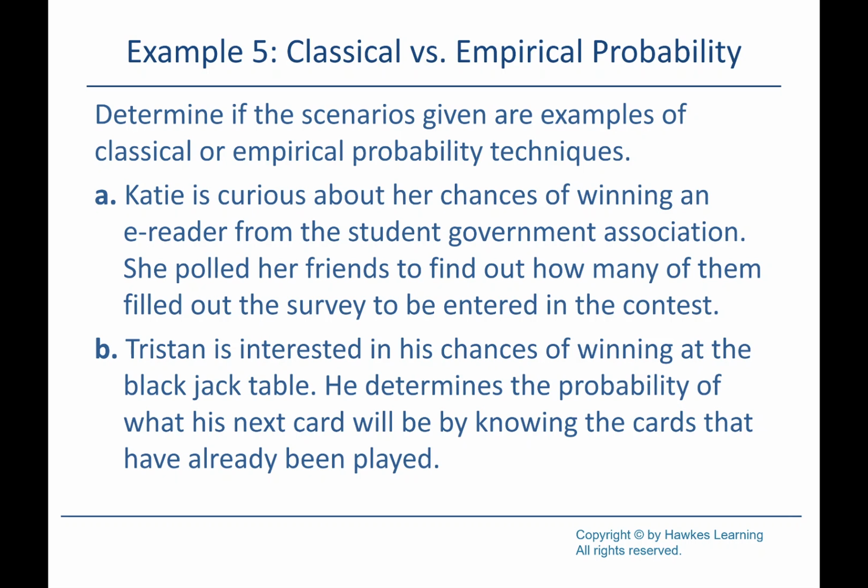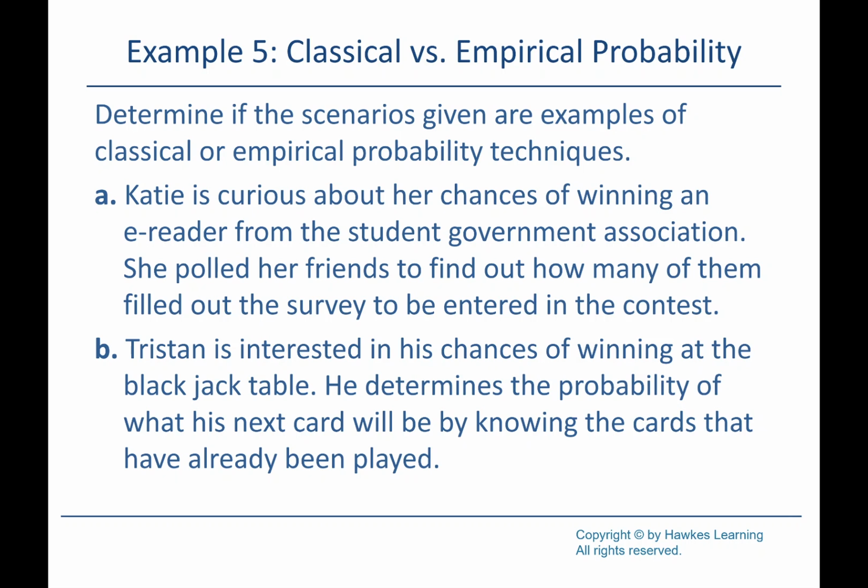B says Tristan's interested in his chances of winning at the blackjack table. He determines the probability of what his next card will be by knowing the cards that have already been played. What do you think about on that one? Does he know all the possibilities?